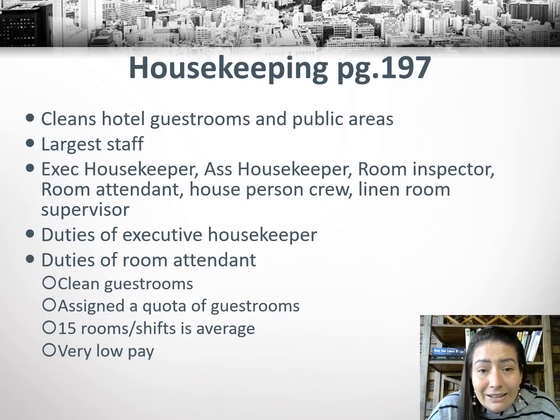Obviously to clean the guest rooms. They are assigned a quota of guest rooms. On average, a guest room attendant cleans about 12 to 15 guest rooms. It all depends on the type of hotel as well. If it is an all-suite hotel, that means that they have different types of rooms.